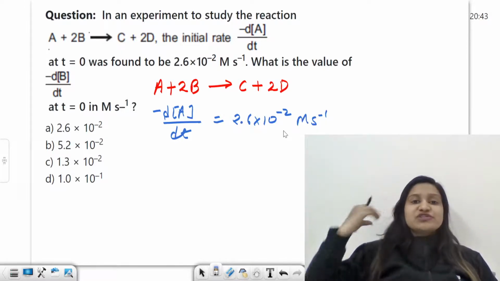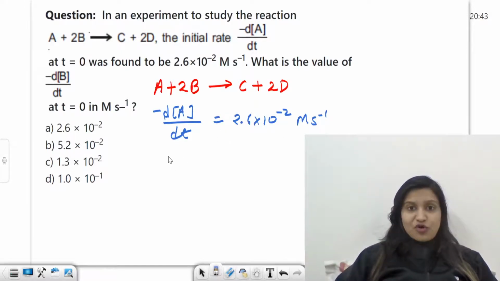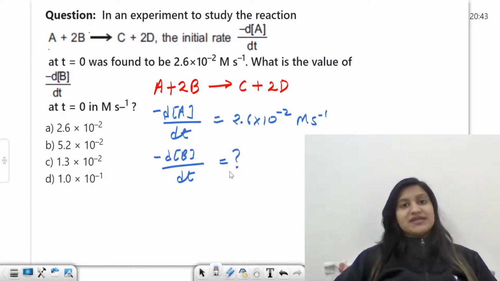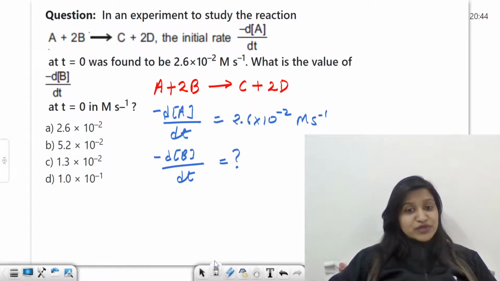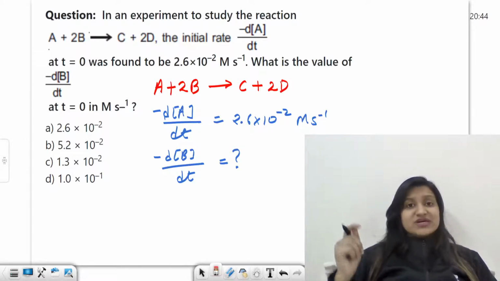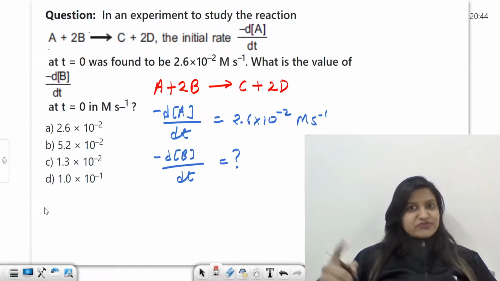So, we need to calculate the value of minus dB by dt. How are we going to do this? As usual, first we will write the rate expression, the rate of reaction.